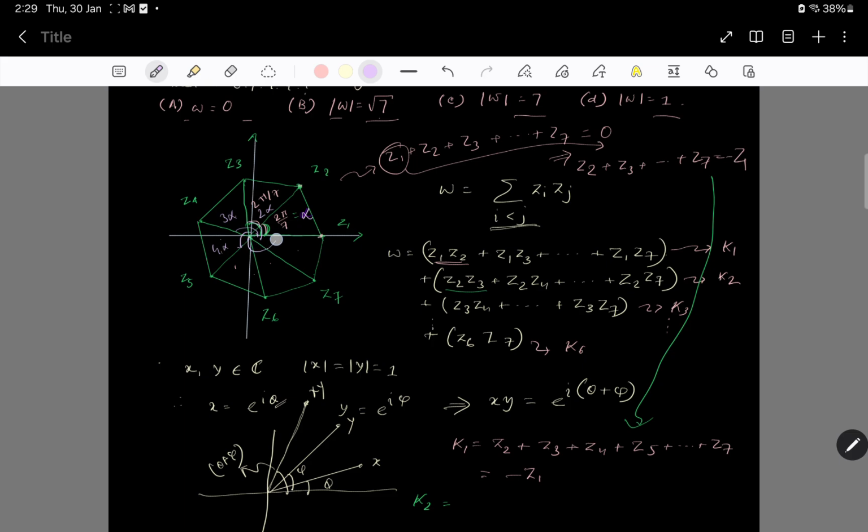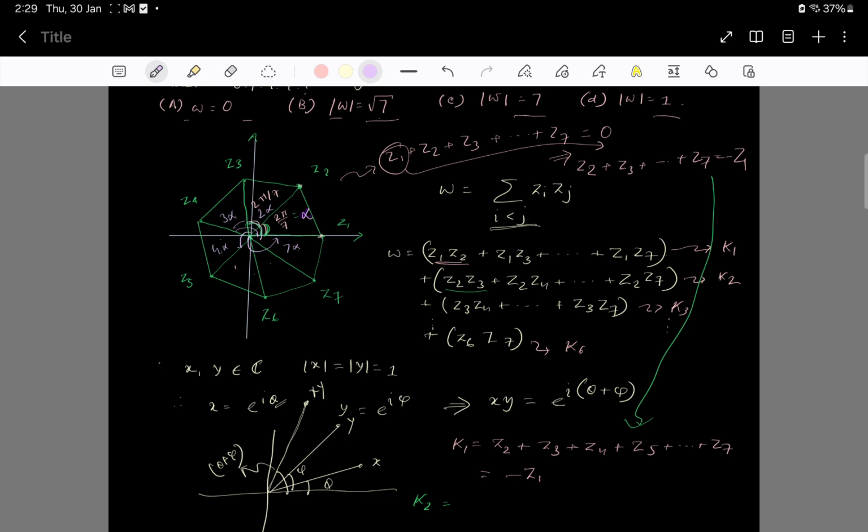So the entire angle will be 7 alpha, because every angle is alpha itself, so the total angle is just the sum of the alphas.